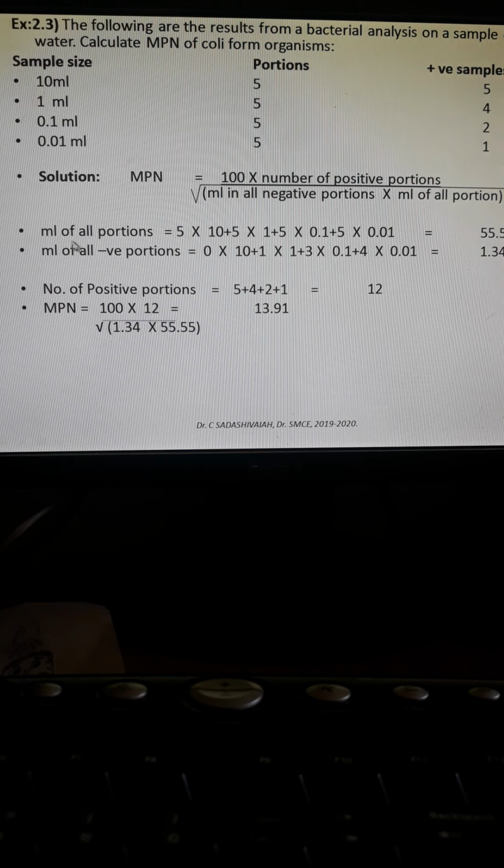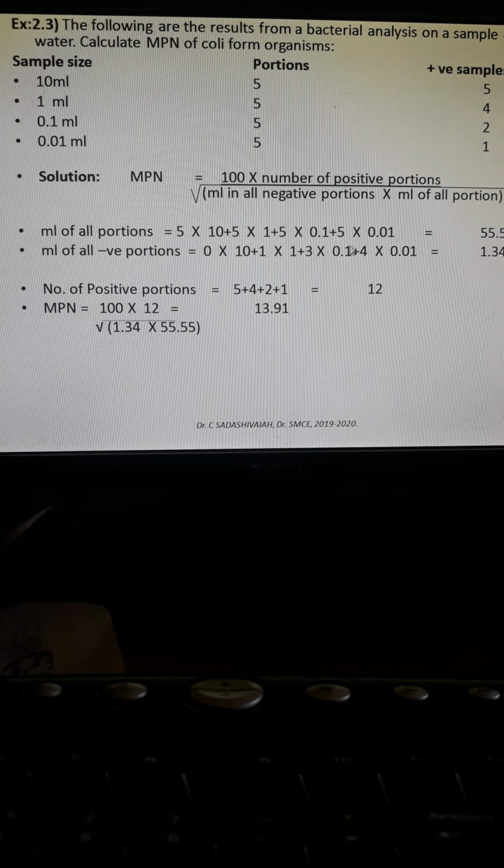And calculating the ml of all portions, we have 5 test tubes of 10 ml, second set 5 test tubes where 1 ml sample was put, in the third set 5 test tubes where 0.1 ml sample was taken, and in the last 5 test tubes where 0.01 ml was taken.